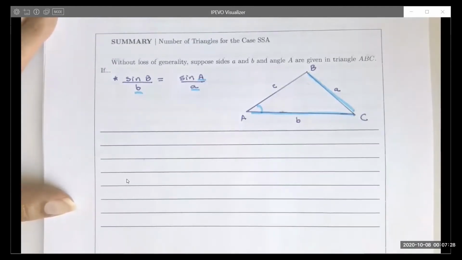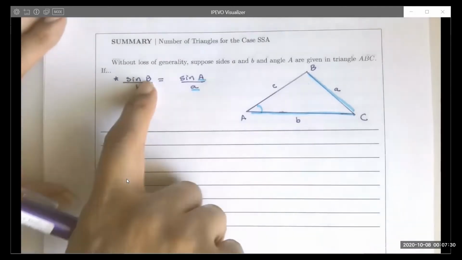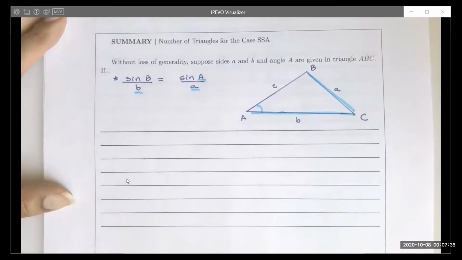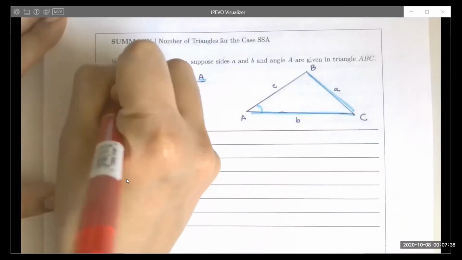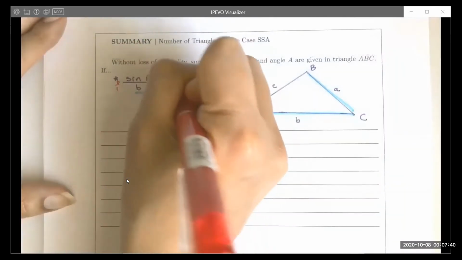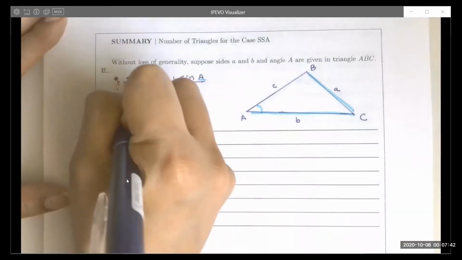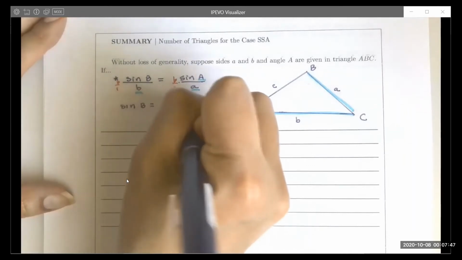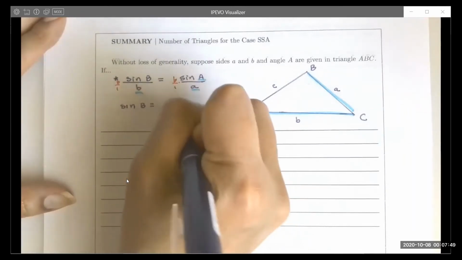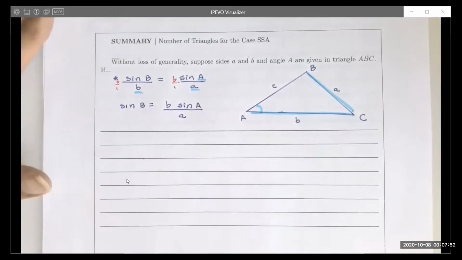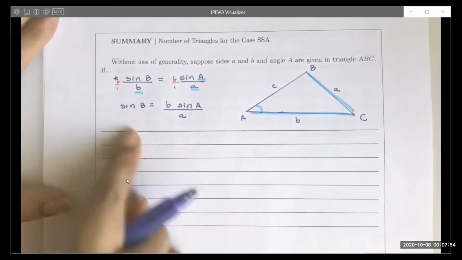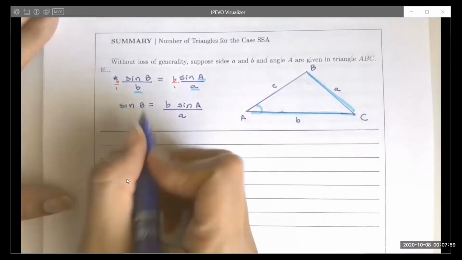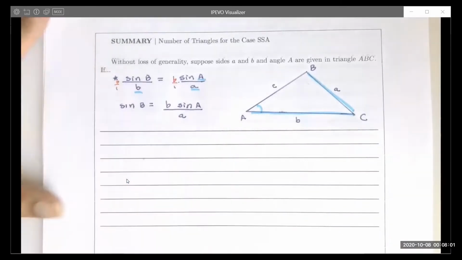So to find angle B, we would multiply both sides of the equation by side B, so B over 1. That would give us sine of angle B is B times sine of A over side A. The final step in isolating B is to take sine inverse of this quantity.